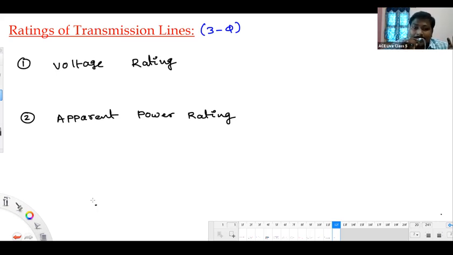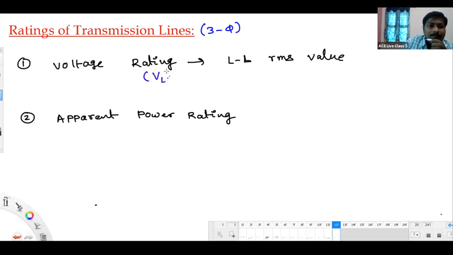Is it per phase value or line to line value? Is it RMS value or peak value? Line to line RMS value. So the voltage rating of a three-phase transmission line will be the line to line RMS value. I will keep this simply as VLL, the line to line RMS value.